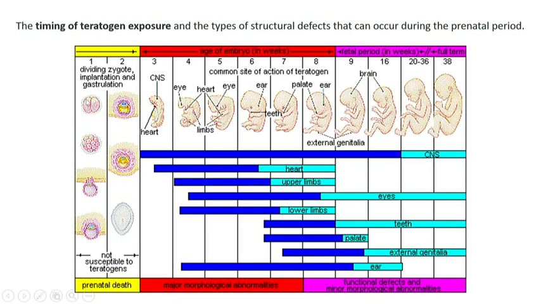The dividing zygote, implantation, and gastrulation are not susceptible to teratogens, because if a pregnant female is exposed to a teratogen that is harmful, it would cause death of the embryo. But again, it depends on the timing of the exposure, the amount of the exposure, and the number of teratogens the woman has been subjected to.